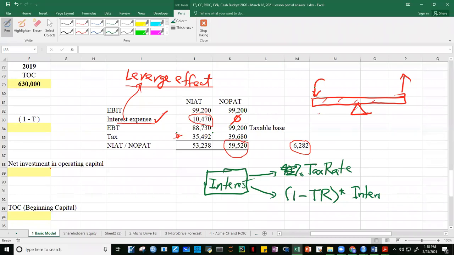Kasi 10,470, let me write that. Okay. And then sabi natin 40% and then 60%. In this case, bakit 40% ginamit ko? Kasi ito yung tax rate, no? So if we multiply this one, so fix ko lang siya, times 40%.